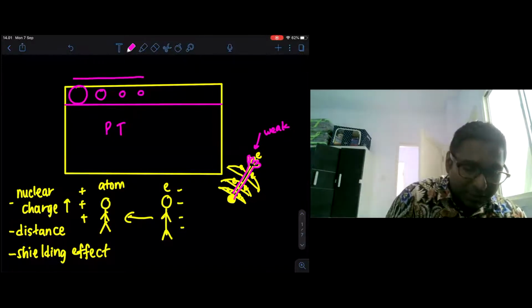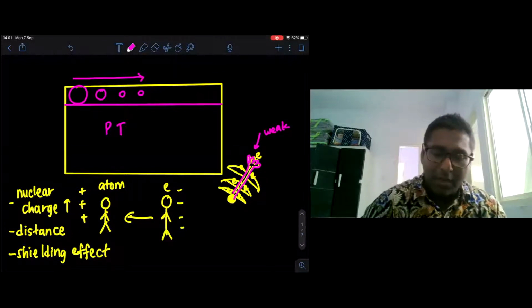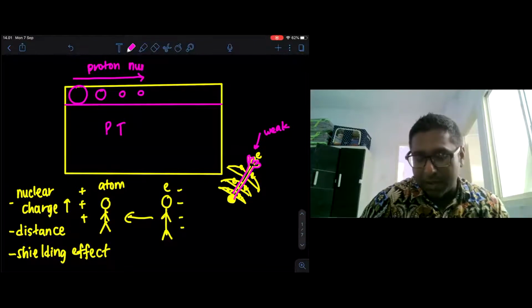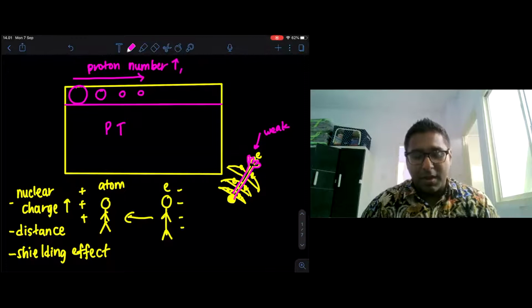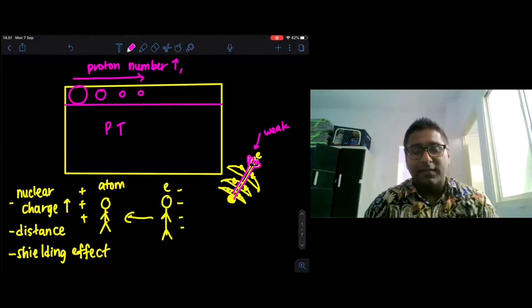I already mentioned to you last time when we learned that when you go across the periodic table, the proton number increases. In the same period, the number of shells remains the same.